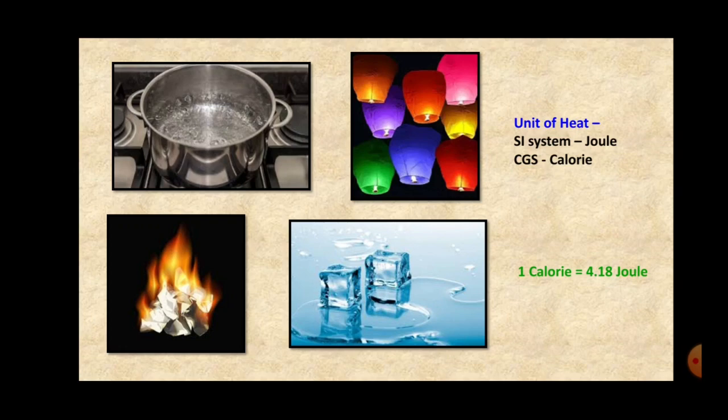So if we compare between ice cream and tea, we will say that the temperature of ice cream is less and the temperature of tea is high. Then we had also studied in the previous class that if heat is applied to an object, it expands, it becomes bigger in size, and when heat is withdrawn from it, it comes to its original shape and size, right?